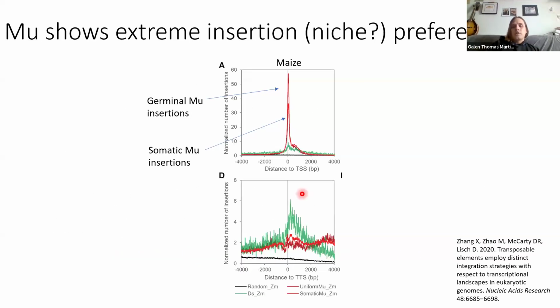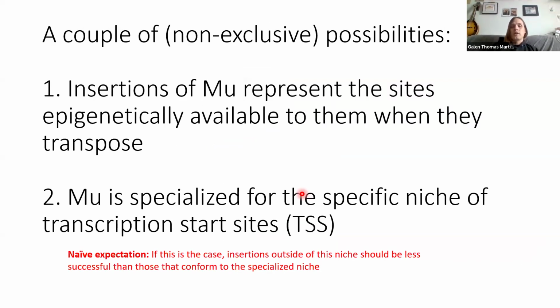So the idea with this project essentially is to try to figure out whether these insertion preferences actually represent niches in the ecological understanding, or if they're just insertion preferences that are generated by the availability of loci in the genome, right? There are a couple of possibilities that could explain this.